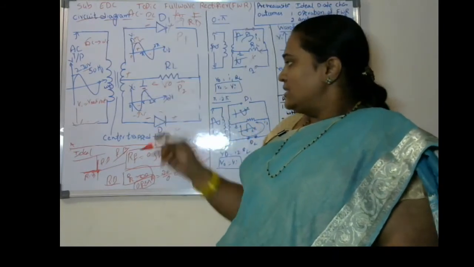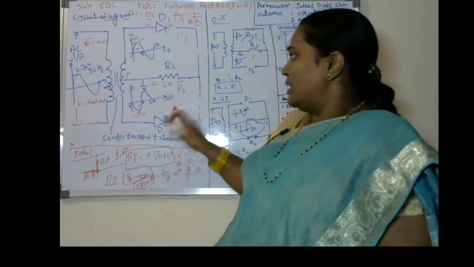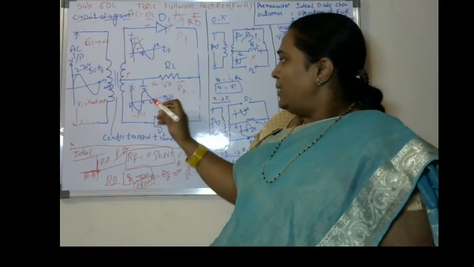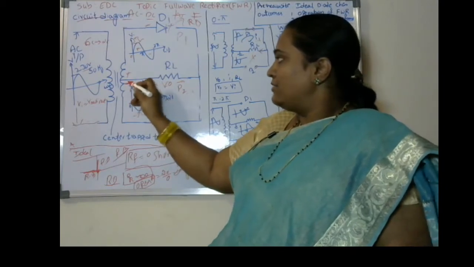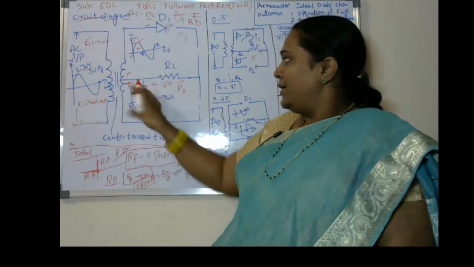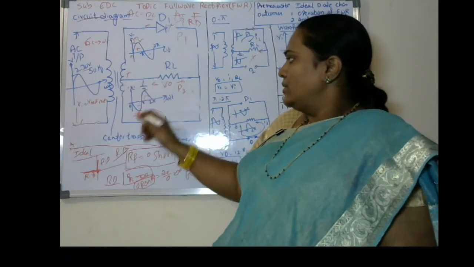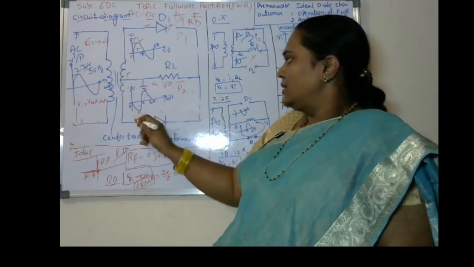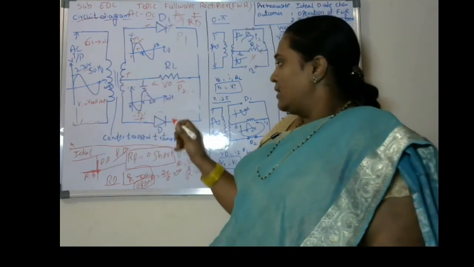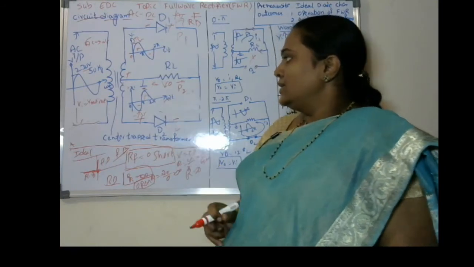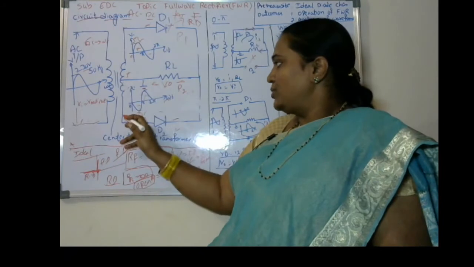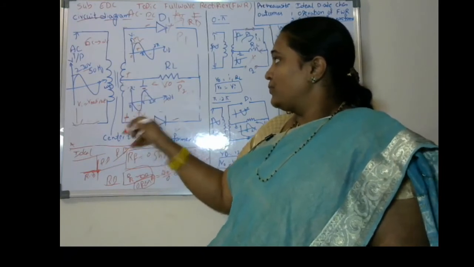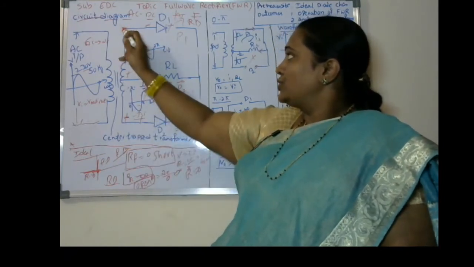And for this diode analysis, we have to see the pi to 2 pi case, which is a positive voltage. If it is positive, the supply here will be positive and here it will be negative, right?